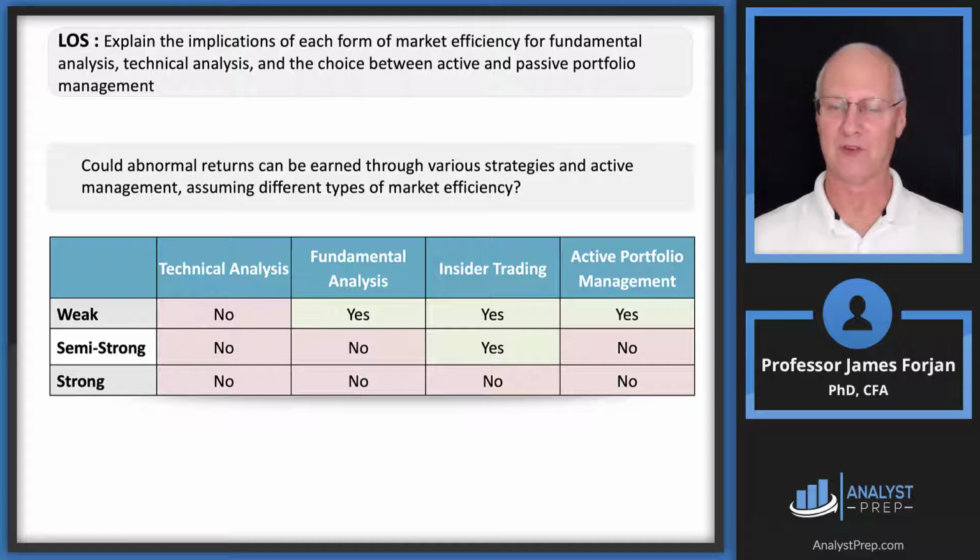But when the market is strong form efficient, they have to go up against other basketball athletes who are just as big and just as strong and just as fast and just as smart and just as able to shoot, all of those things. And so, what do they call that? It's a wash. So insider trading does no help if the market is strong form efficient.